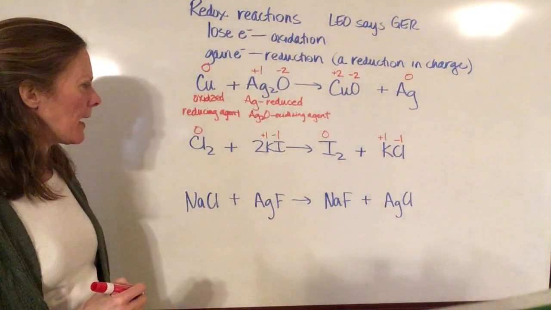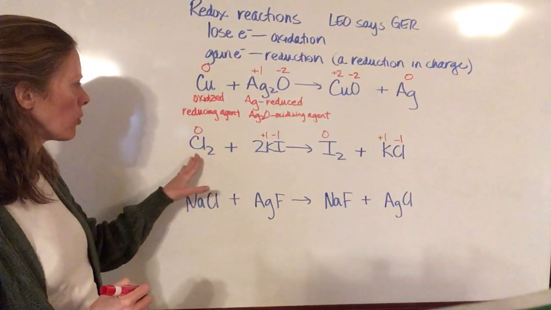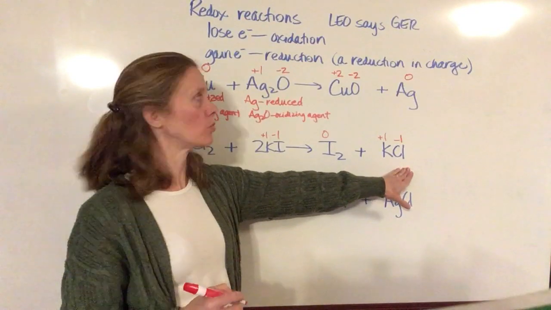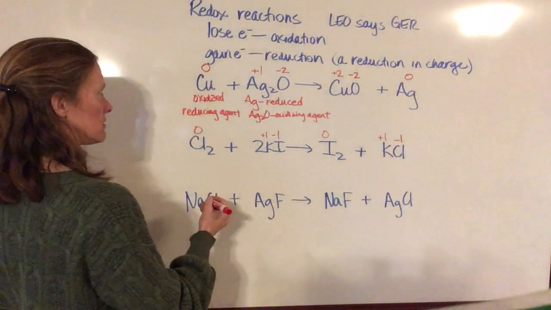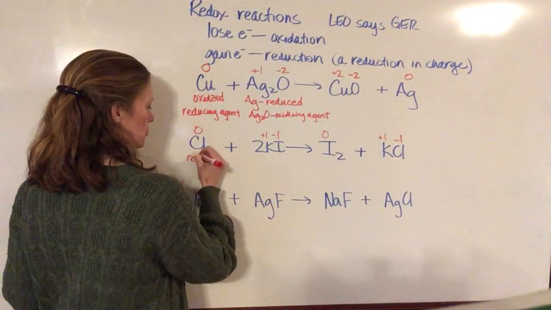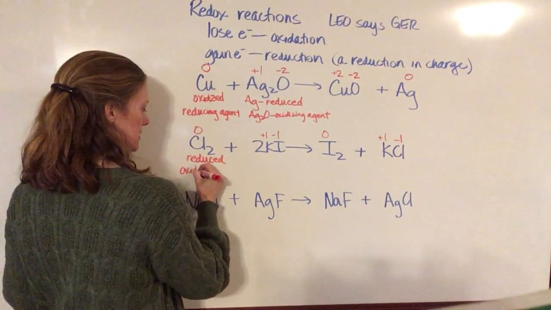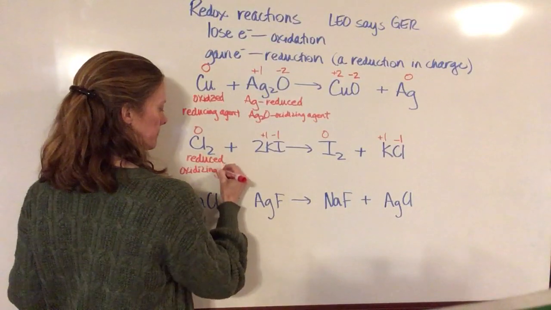Okay, so what's happened here? Well, the chlorine went from a 0 to a -1. The charge was reduced, so that means it gained electrons. So the chlorine was reduced, which means that it is the oxidizing agent.